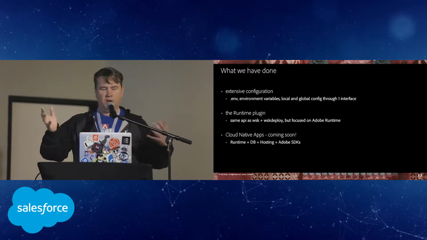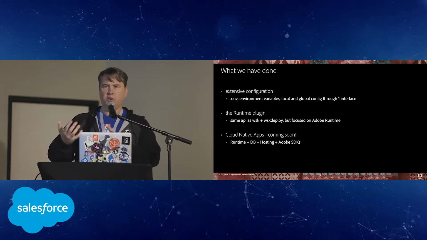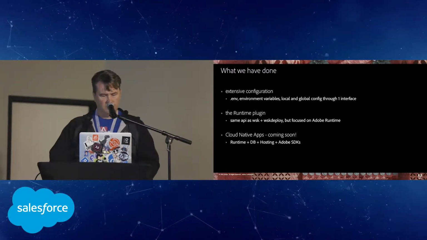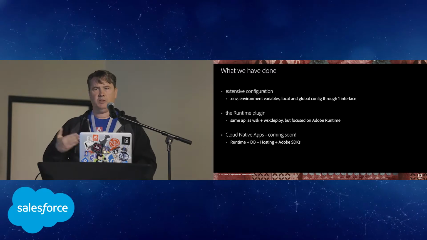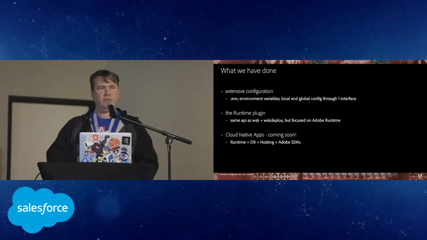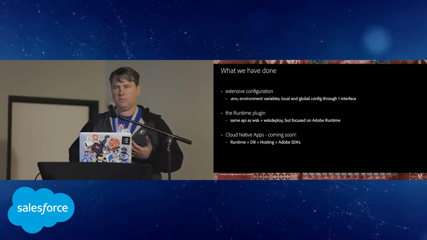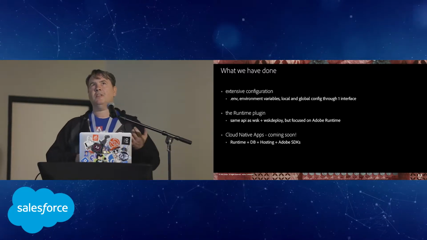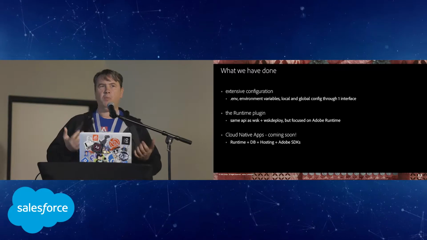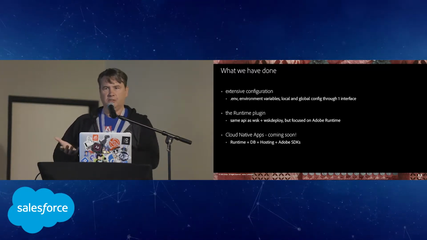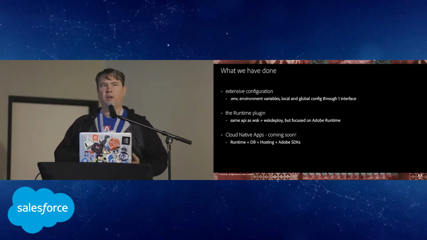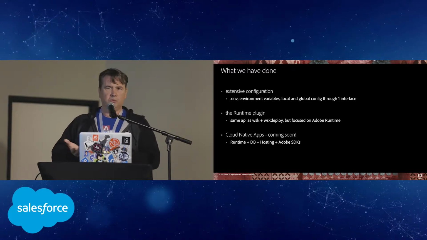So we've encapsulated all of that into the runtime plugin. And cloud native apps, we want to make it easy to interact with those. They're not really a thing yet, but they will be cloud-backed, static resources, web-hosted applications. So with the database component, not unlike Heroku.